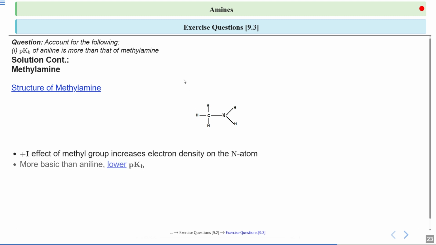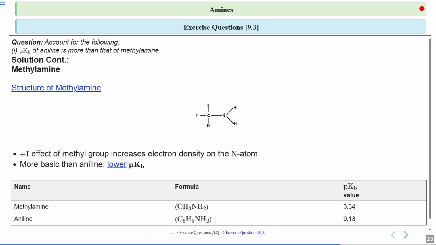So methylamine is more basic than aniline, because it has a lower pKb value, meaning it will more readily accept protons in solution. The pKb value of methylamine is 3.34, and of aniline is 9.13. So aniline has the higher pKb value, which means it is a weaker base, and methylamine, which has the lower pKb, is a stronger base.